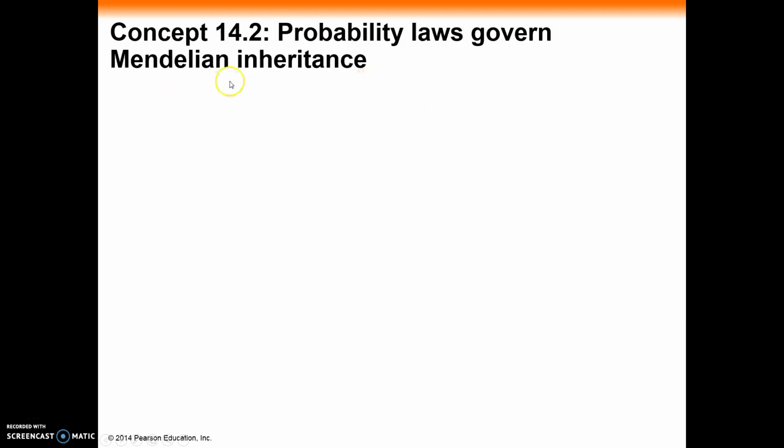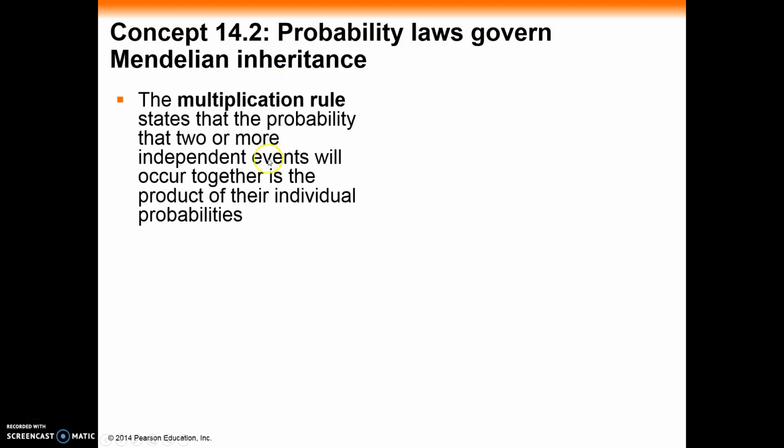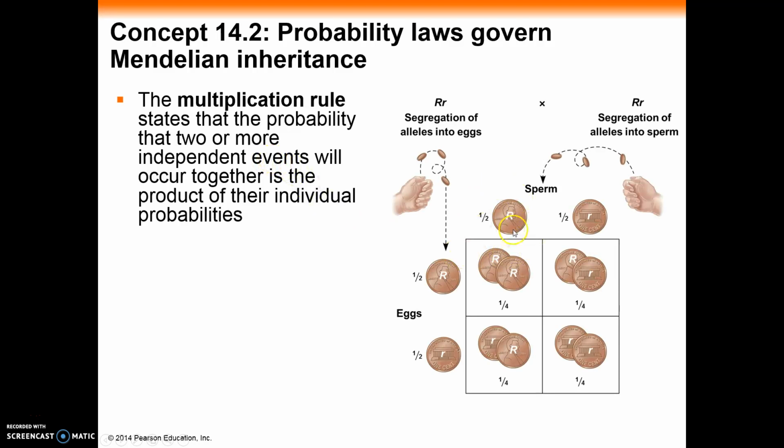So probability laws govern Mendelian inheritance. We have the multiplication rule that is looking at the probability of getting a head on one coin toss and a head on another coin toss. That is, you calculate those results by multiplying the individual probabilities together.